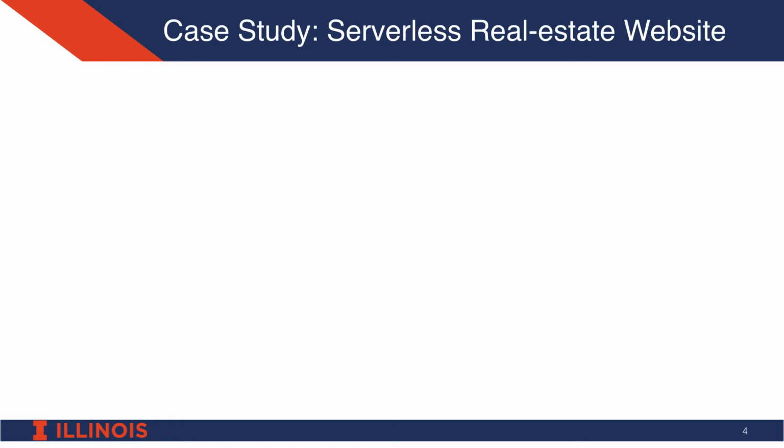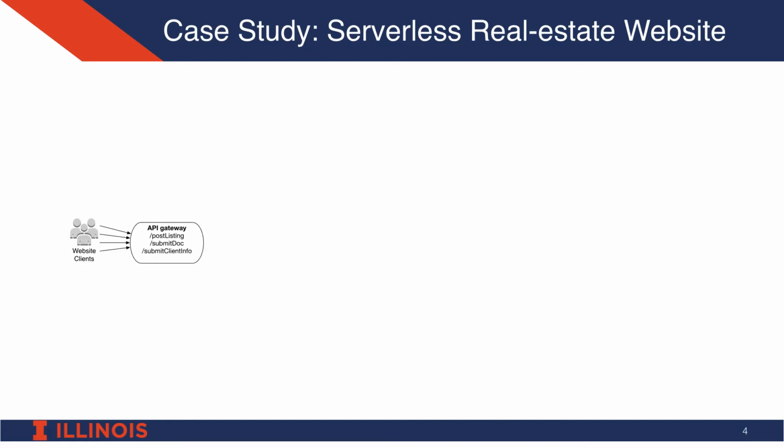Let us find out the answer to this question through a case study of a real estate website that has transitioned to using a serverless cloud backend. This has already been done by popular companies including Realtor and Zillow. The website clients in this case are the real estate companies who post property listings on the website.